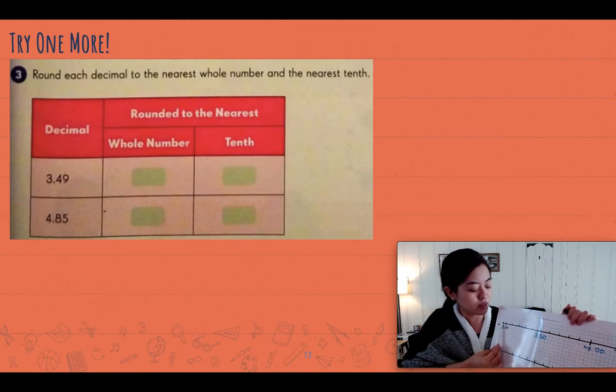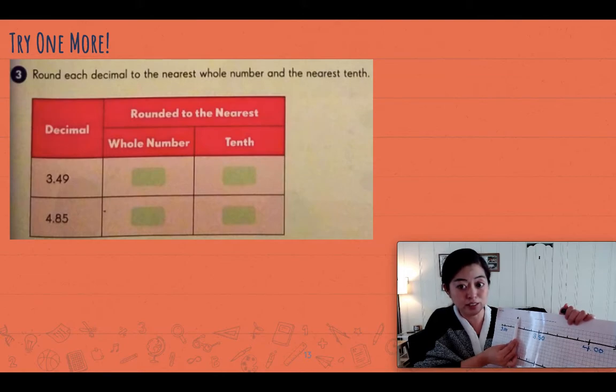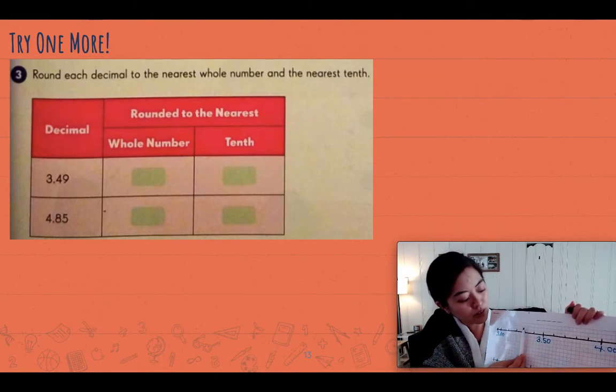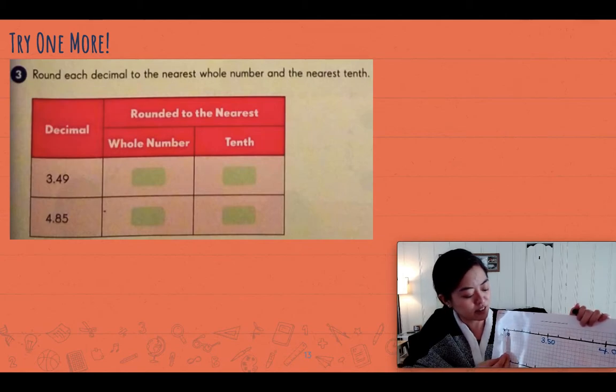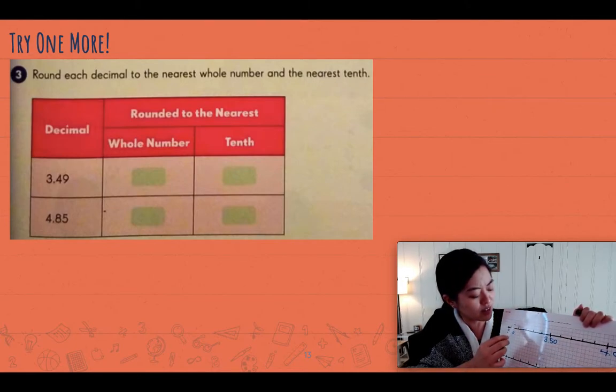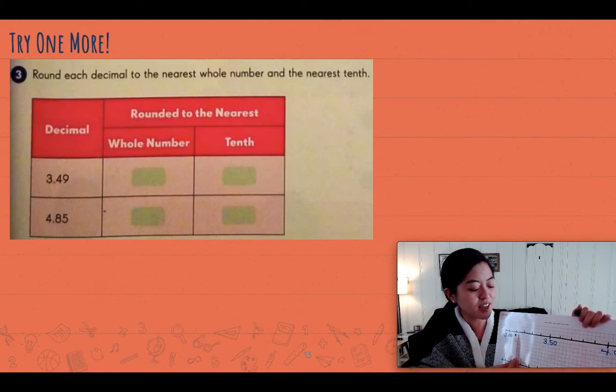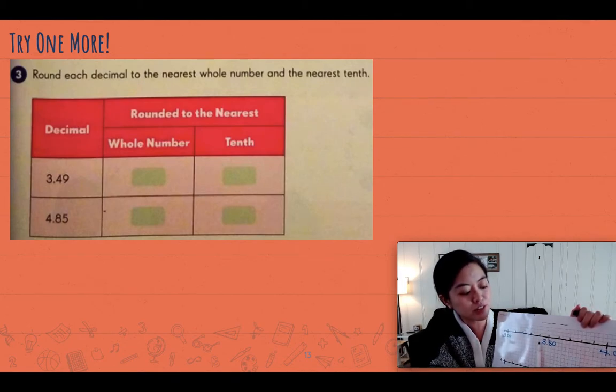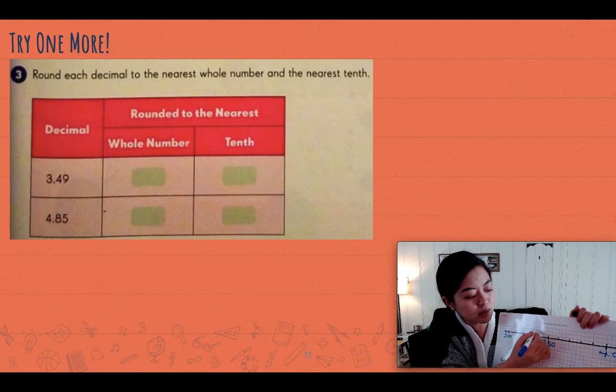So 3 and 0 hundredths, 3 and 10 hundredths, 3 and 20 hundredths, 3 and 30 hundredths, 3 and 40 hundredths, 3 and 50 hundredths here. So here, I'm just going to write 3 and 40 hundredths.